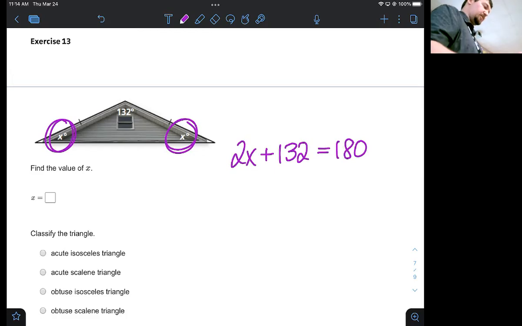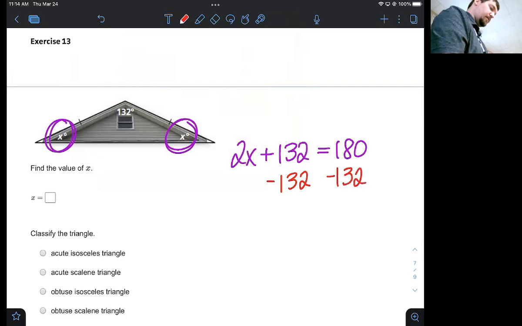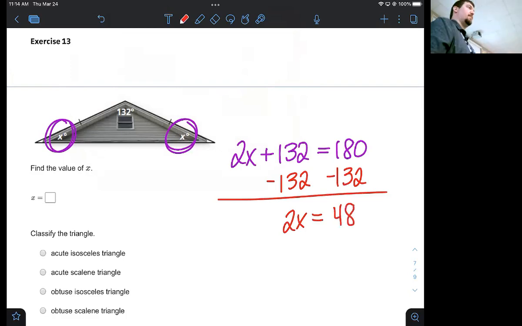Yep, get rid of the constant term by putting a minus 132 underneath of it to get rid of the plus. And can someone tell me what 180 minus 132 is? 48. All right, so 2x equals 48. And now I'm ready to hit divide by 2. Divide by 2. Jude? 24.